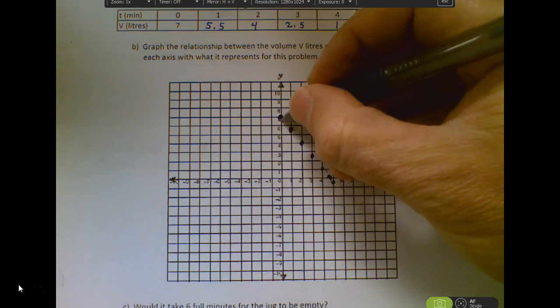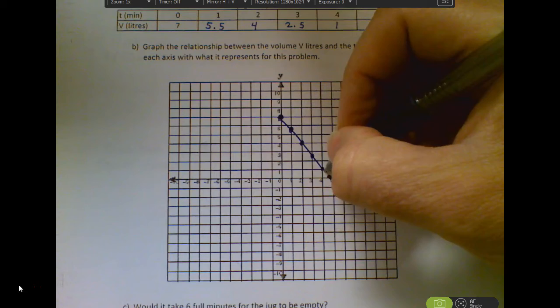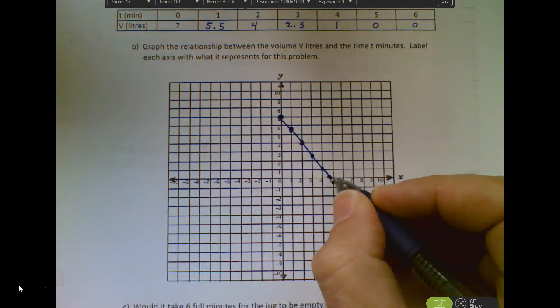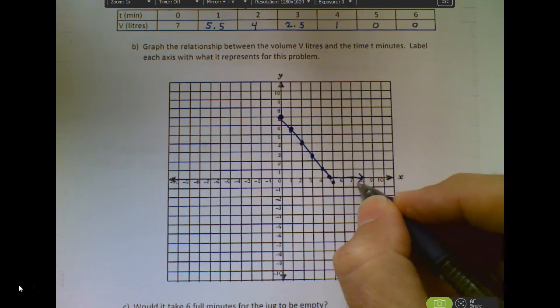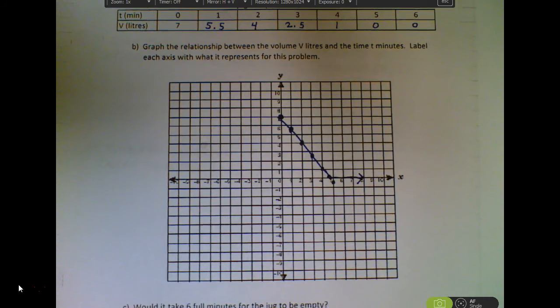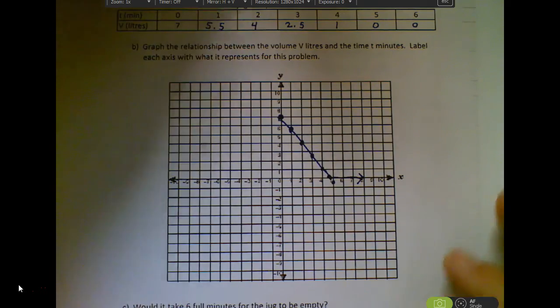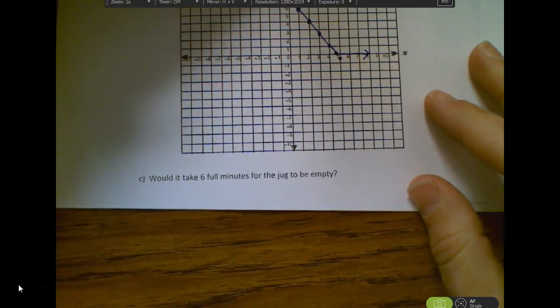So for this problem, our line would then continue in that direction as time goes on, because we're just going to remain at 0 no matter how many more minutes you put in here.